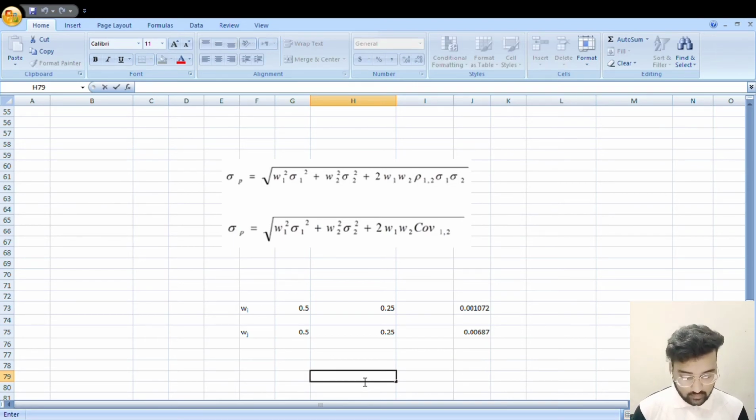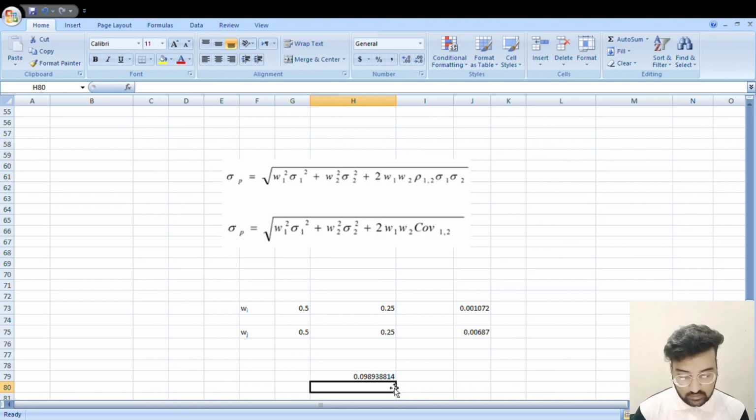First of all, we type equal sign and square root, then the weight of the first company squared times the variance of the first company, add plus sign and the weight of the second company squared times the variance of the second company, then add plus sign and 2 times the weights of both companies times the covariance.